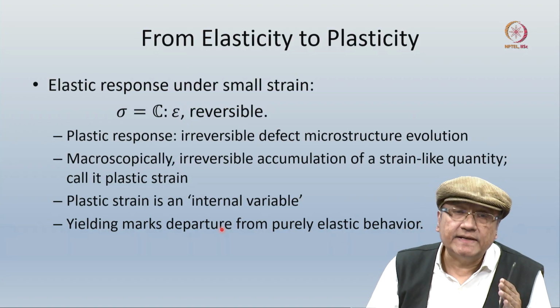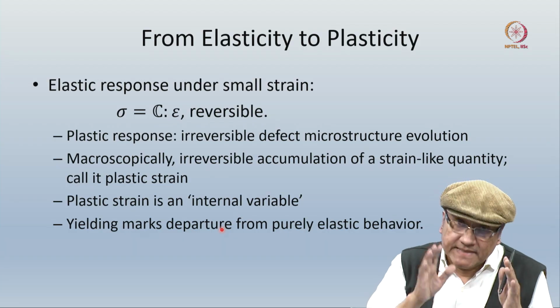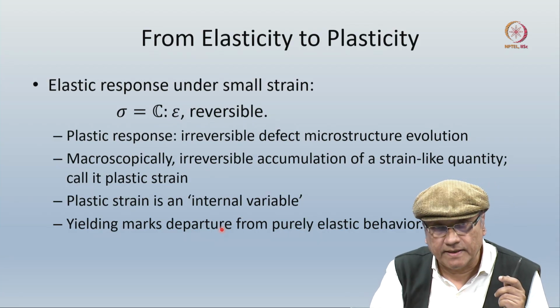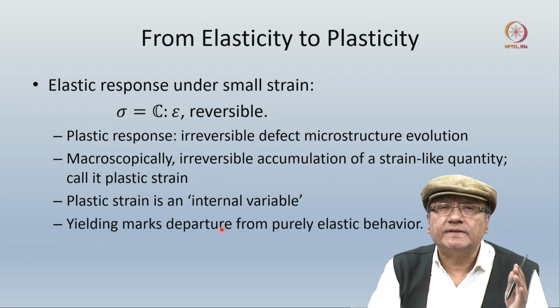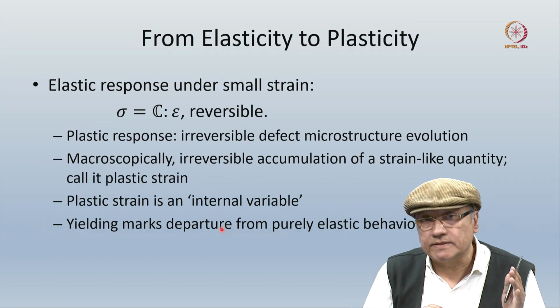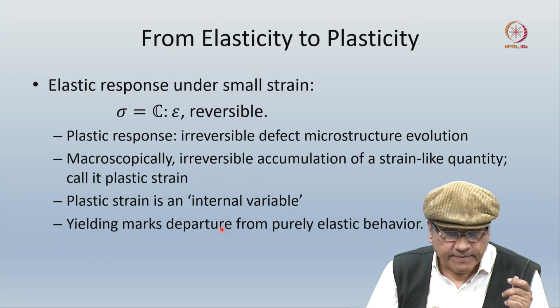When the small strain elastic solid is being considered by us, we will be only restricting ourselves for the time being to an isotropic elastic solid under small strains, right.